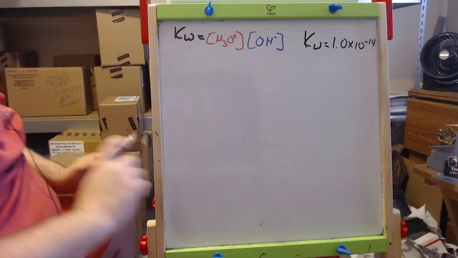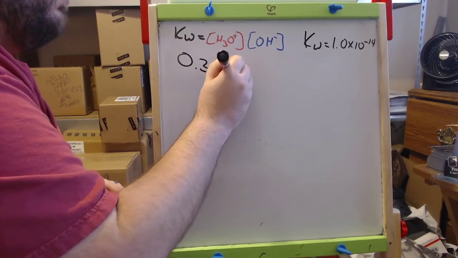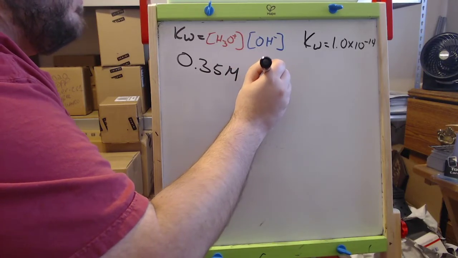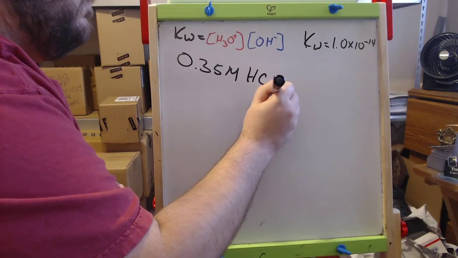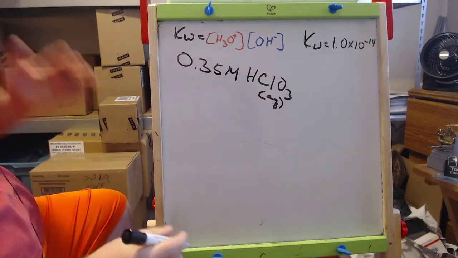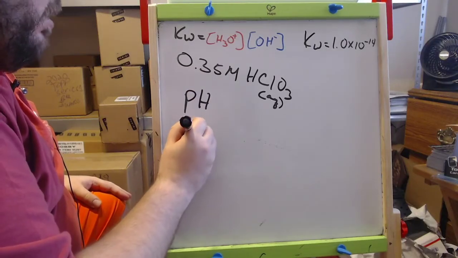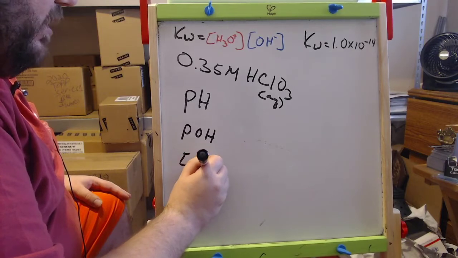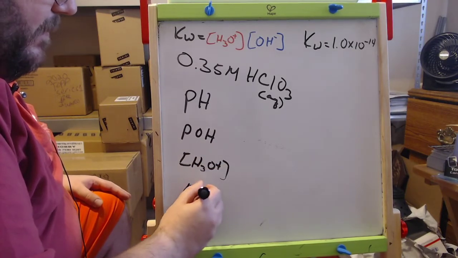Let's say I have 0.35 molar HClO3, chloric acid. Okay, and I want to know the same things. I want to know the pH, the pOH, the concentration of hydronium, and the concentration of hydroxide.